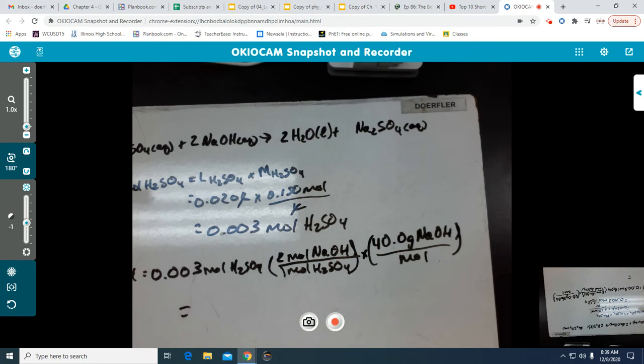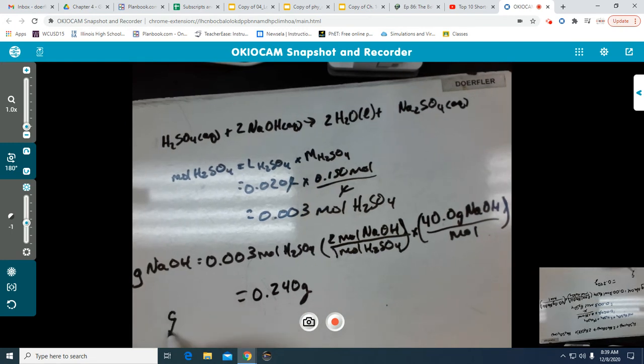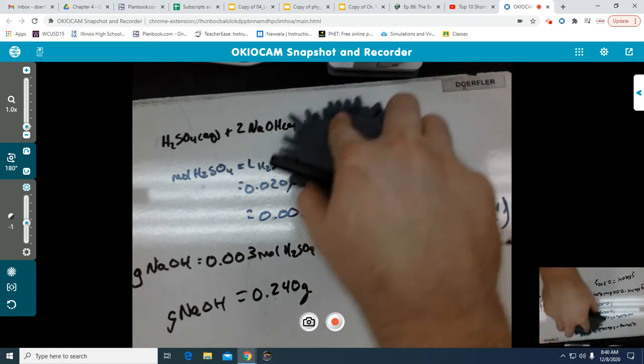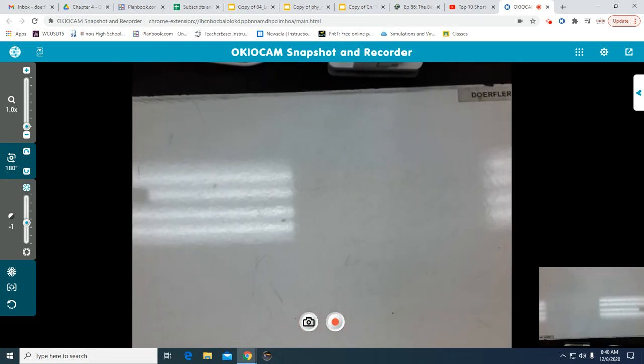So if you go ahead and place this into your calculator, you should get 0.240 grams of sodium hydroxide needed. Okay, if you need to go back and see that again, you have the power. Next, I'm going to go to question B.